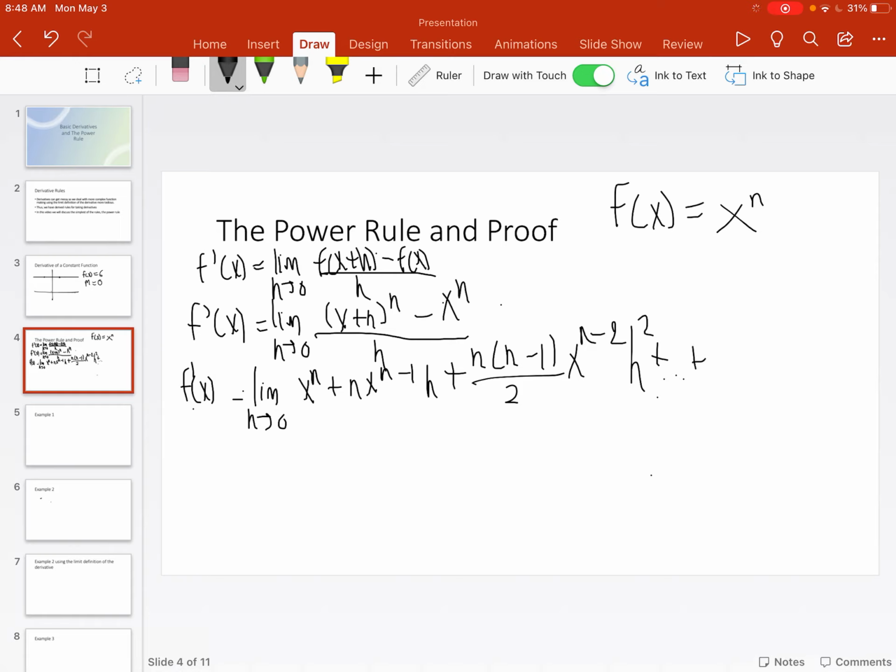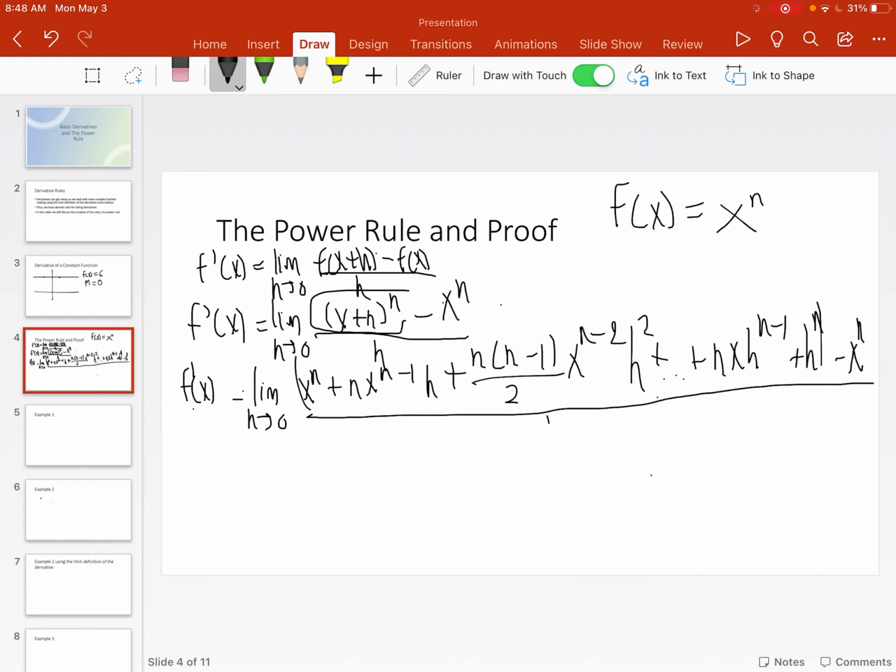And because we have a lot of terms, we're going to put dot dot dot, and then n x h to the n minus 1 plus h to the n, and that's just in brackets. That's just expanding this part. We still have our minus x to the n at the end, and this is all over h.